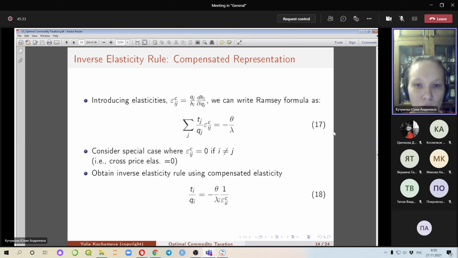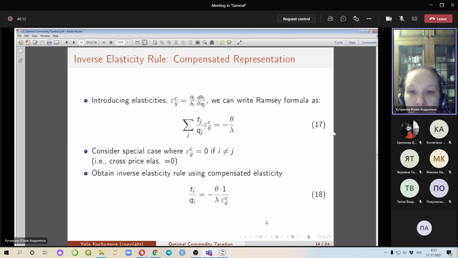Okay, good. So let us play a little bit more with the Ramsey formula. Now we will introduce elasticity to write the formula we discussed. So let us introduce the compensated elasticities. It's exactly the same, just we take the derivative with respect to Hicksian demand. So epsilon Ig compensated is equal to Qg divided by Hi, multiplied by the derivative of Hi with respect to Qg.